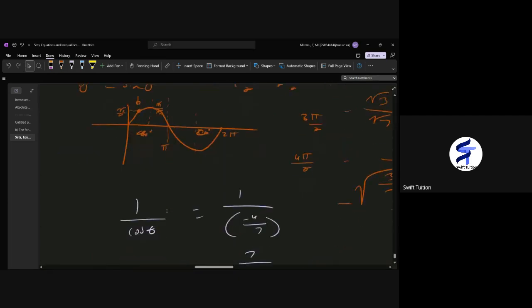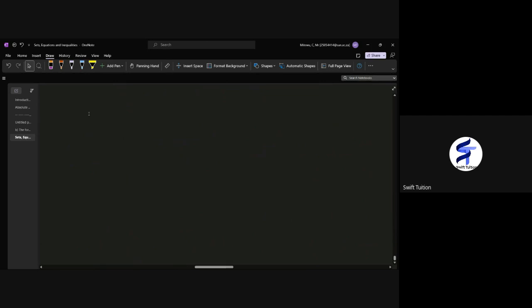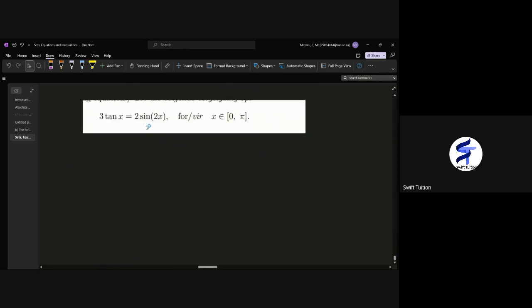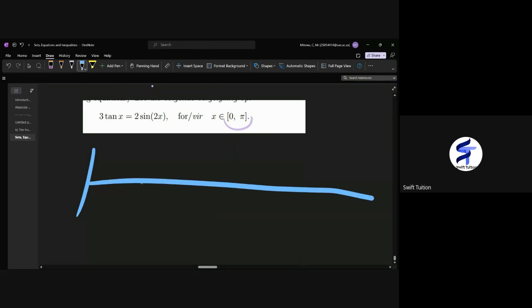It's similar to a general solutions type question. So why do they specify this? X is an element of what? The reason they need to specify this is because these functions are periodic, meaning that after a set amount of time, they start doing the exact same thing they were doing previously.